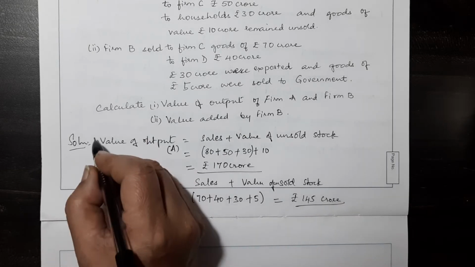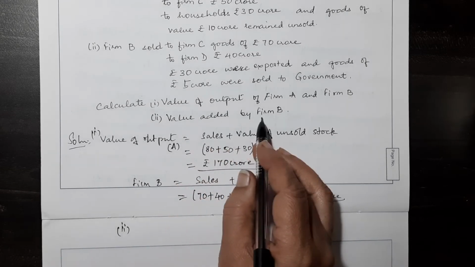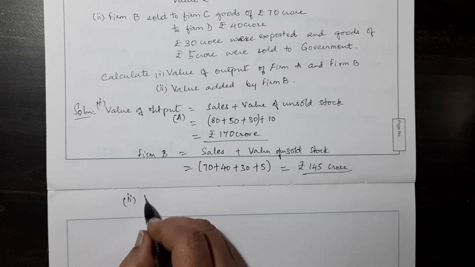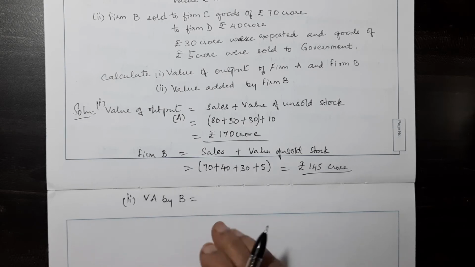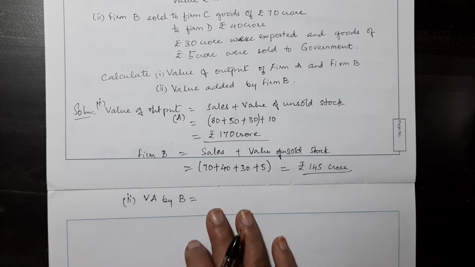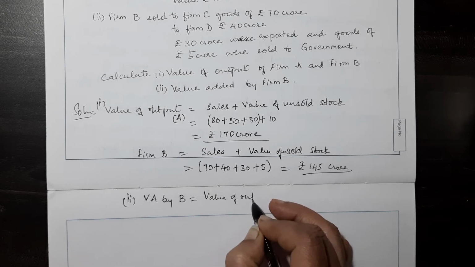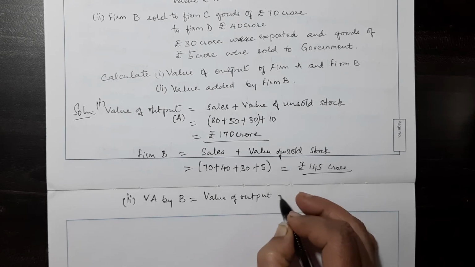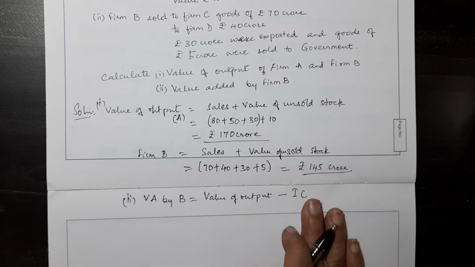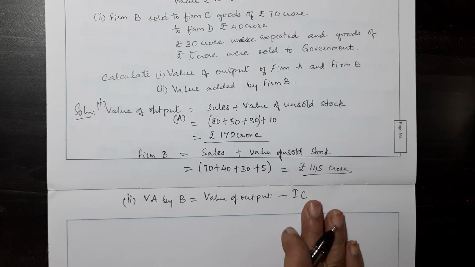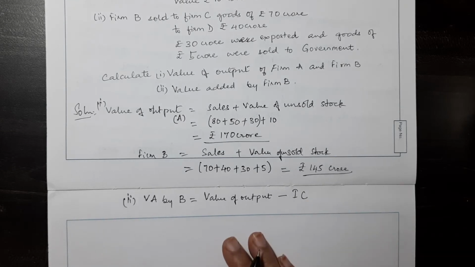Now the second part, this is the first one. The second one is value added by firm B. So what is value added by firm B? How do we talk about value addition? It is the value of output minus intermediate consumption. Is there an intermediate consumption? Intermediate consumption means if it has bought anything from any other firm for further production.